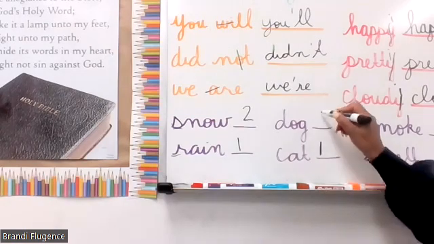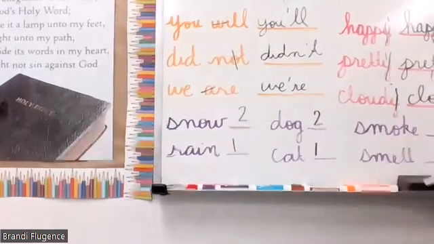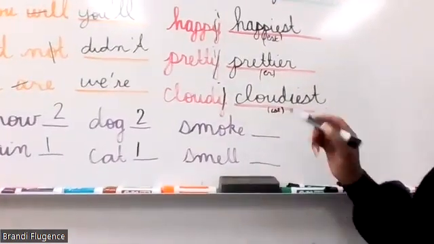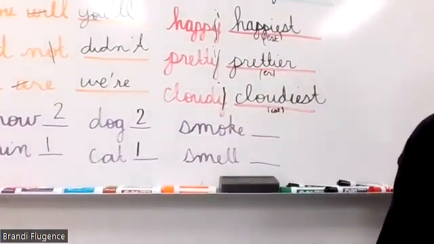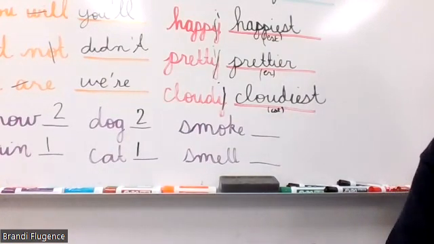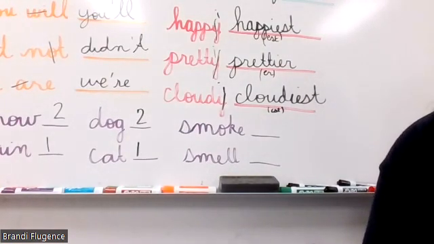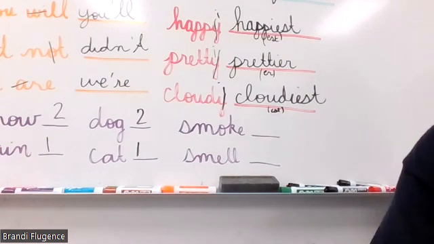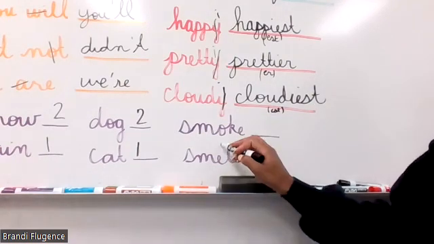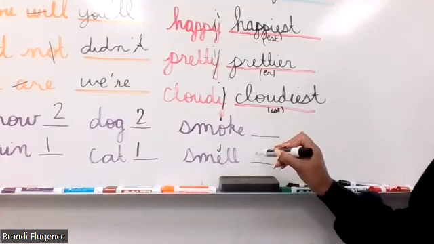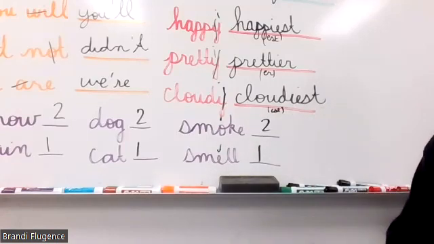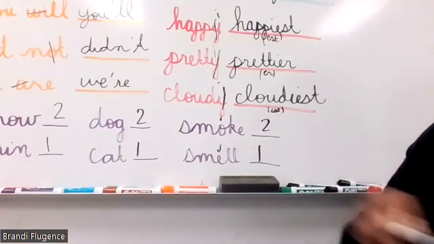Yes, C, cat. And then smoke and smell. Now, this one's a little tricky because they have the same first and the same second letter. So how would I figure out which one goes first? The third letter. Smell. We look at that third letter, which is E and O, and E would come before O. Good. Awesome. All right, so that's it for our phonics.